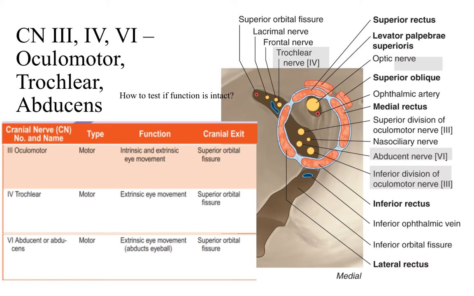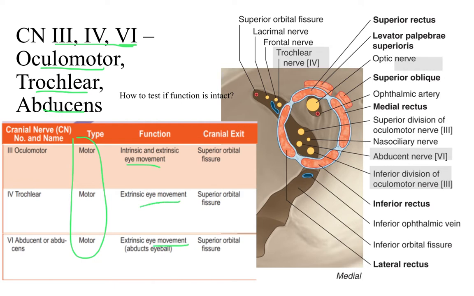All right, cranial nerves 3, 4, and 6. So we're skipping around a little bit, and the reason why we're skipping around is because 3, 4, and 6 all have similar function. 3 is the oculomotor, 4 is the trochlear, and 6 is the abducens nerve. And all of them are motor and are involved in eye movement.